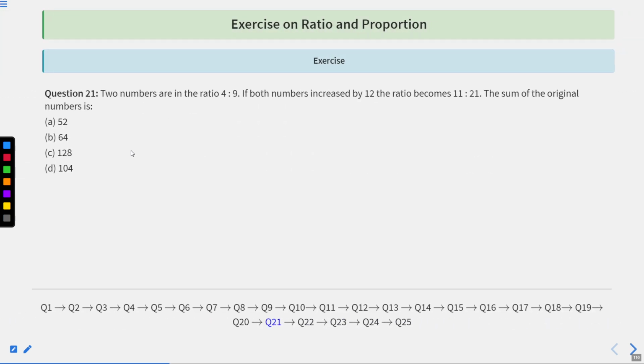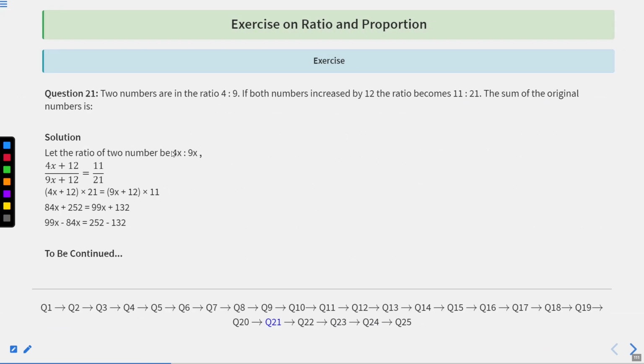Question number 21. Two numbers are in the ratio 4 is to 9. If both numbers are increased by 12, the ratio becomes 11 is to 21. The sum of original numbers is. Let us have a look over the solution. Let the two numbers be 4x and 9x.